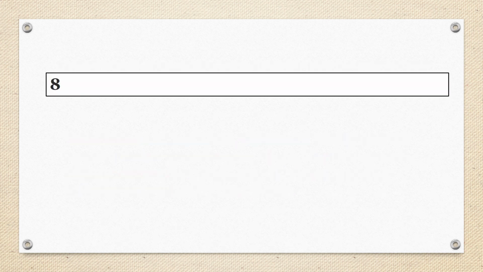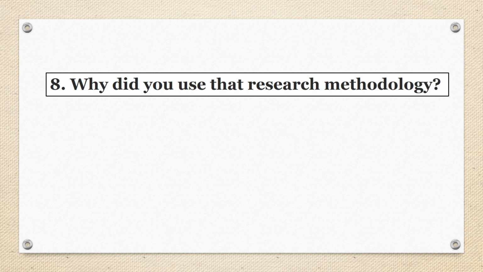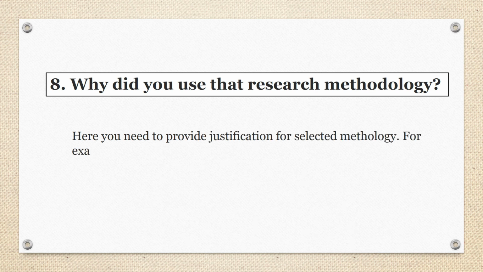Question number 8, why did you use that research methodology? In this question, basically the interviewer is going to ask you for the justification, that is, what was the basis, what was the reason behind using this particular research methodology. You need to provide some argumentation or evidence for using a particular research methodology.